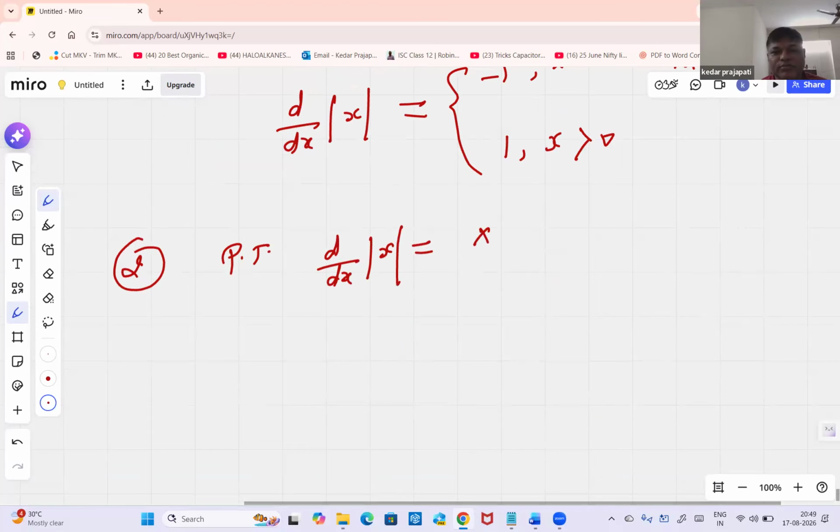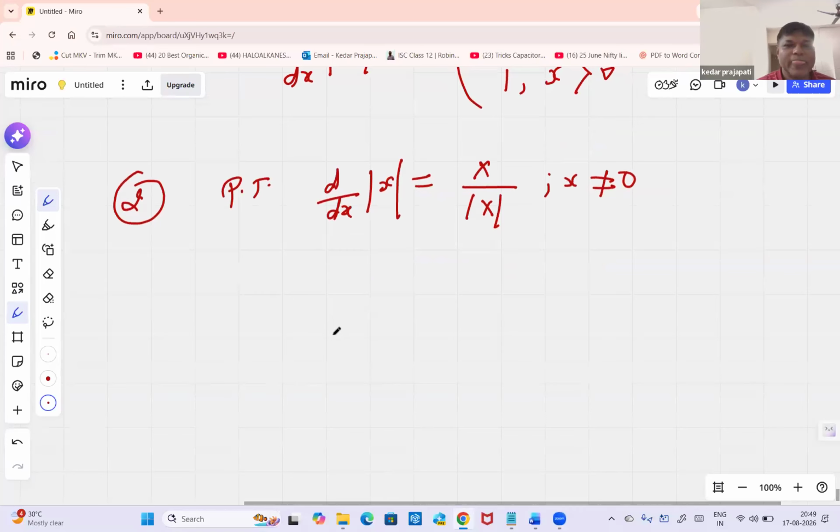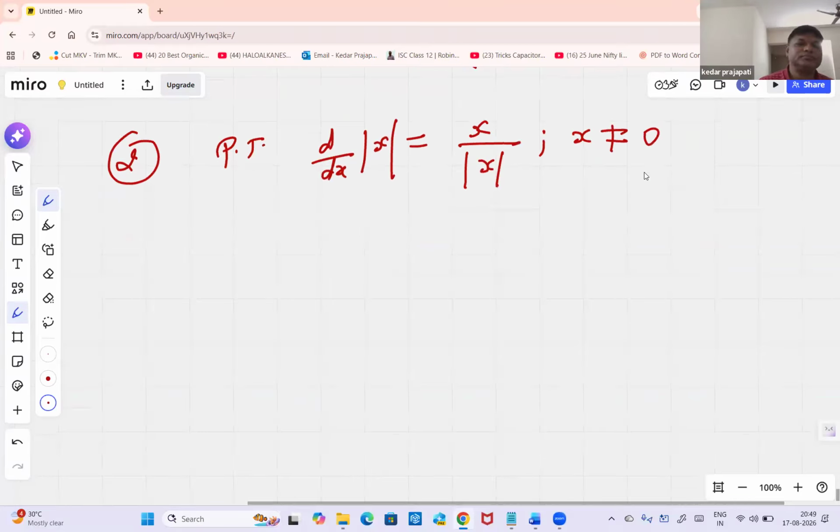Very confusing question, where x is not equal to 0, because if you put x as 0, it will become 0 only. Mod x is small, so why will I write capital? Given x is not equal to 0. Okay. We have to solve both the sides.